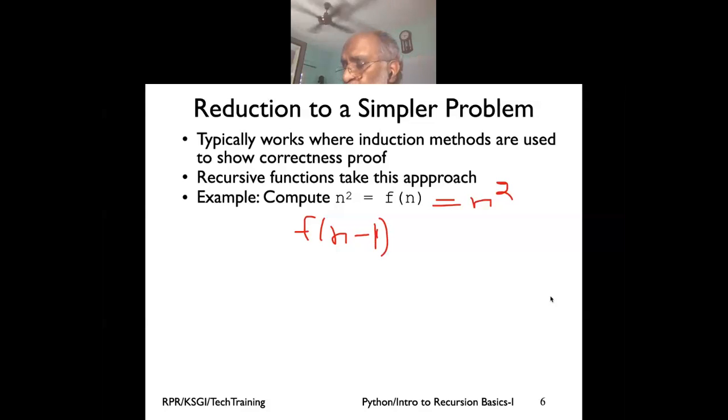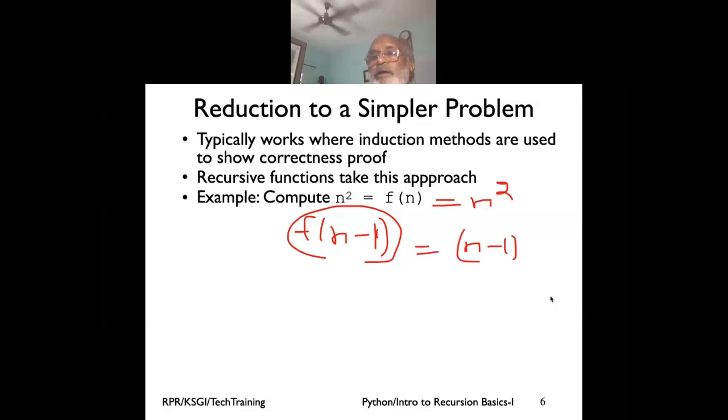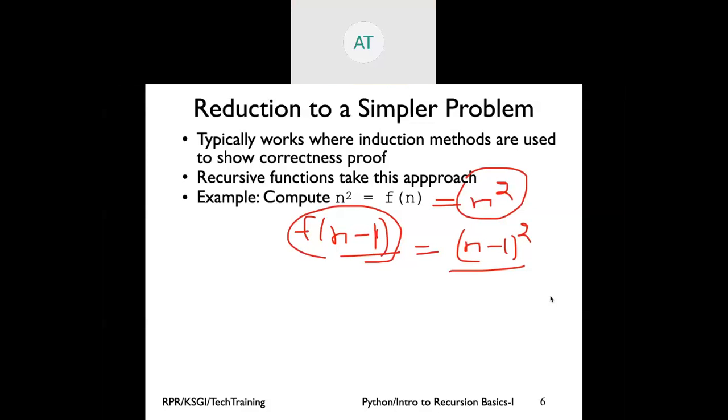Assuming I know how to solve f(n minus 1), which is n minus 1 square, given that, can I compute n square? Given the solution of f(n minus 1), a problem of size 1 less than the original size n, and somehow there's a black box. Yes, sir, you can.